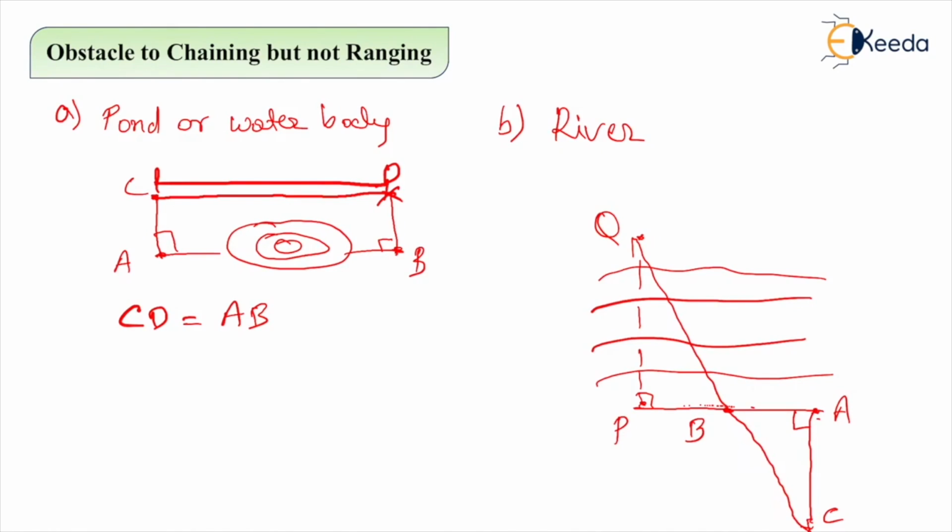So from A we draw one perpendicular offset, and from B we see that Q and C are in line. So here we can establish point C.